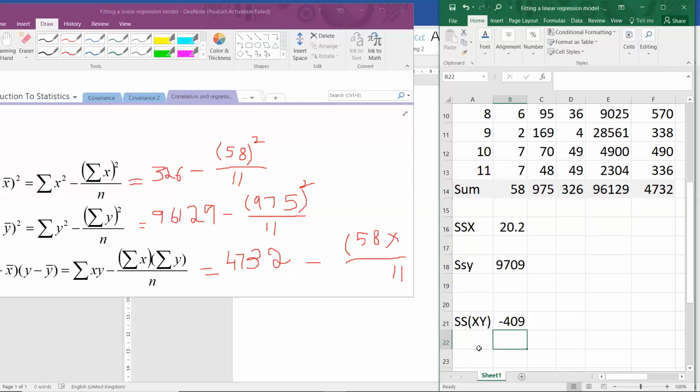This is SSXY. Negative means the numerator of covariance is negative, means the correlation will also be negative.